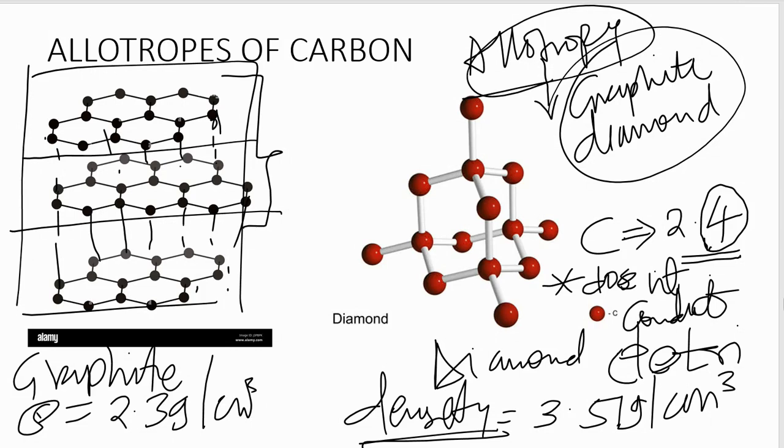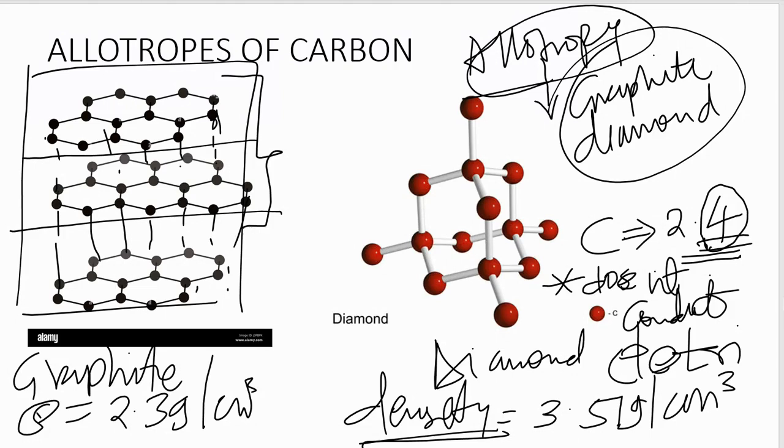For diamond, we talked of carbon atoms, or the valency. These four valence electrons are all being used in bonding.